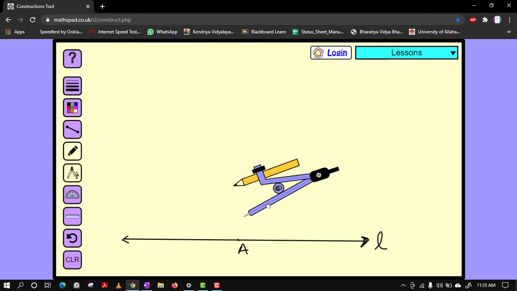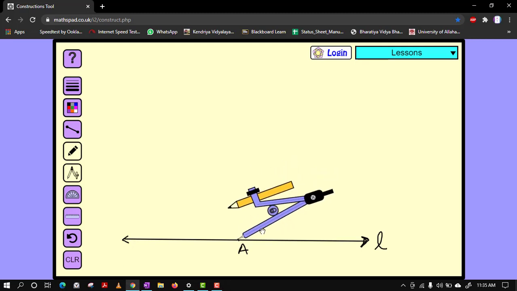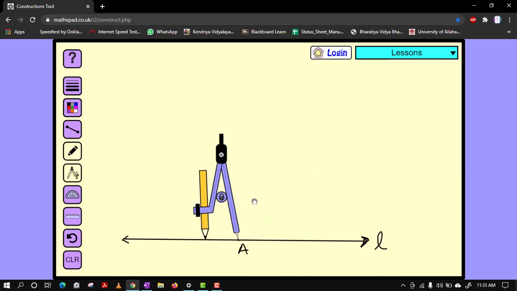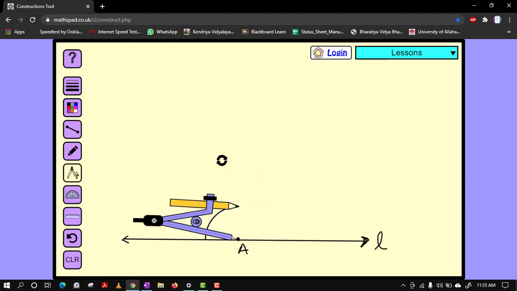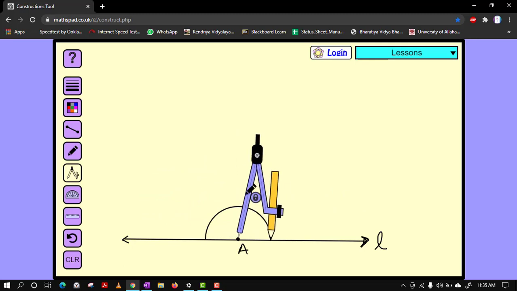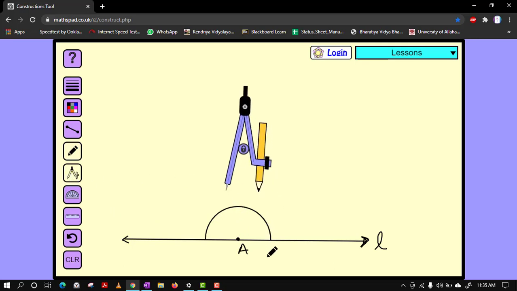For that we can use the compass by keeping it on point A and making an arc like this. This is your point B, this is your point C.